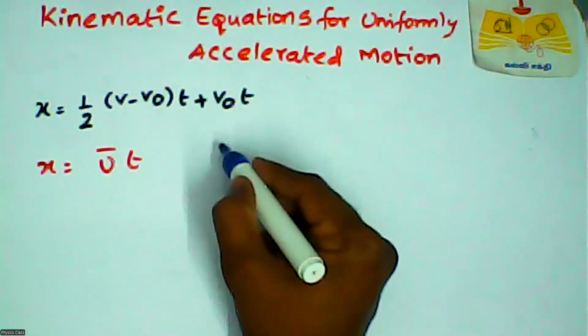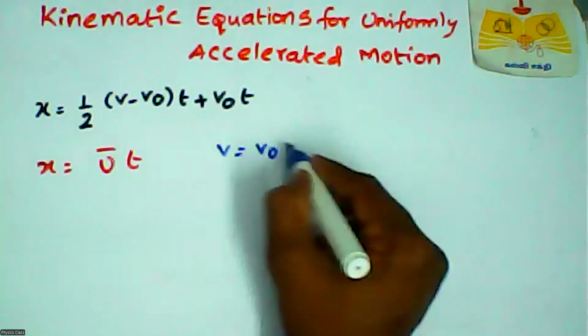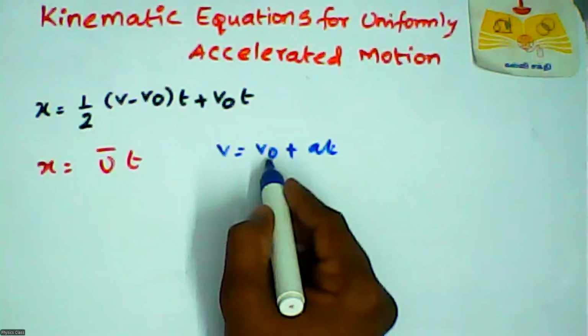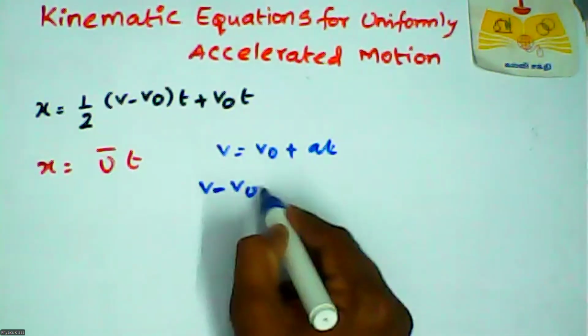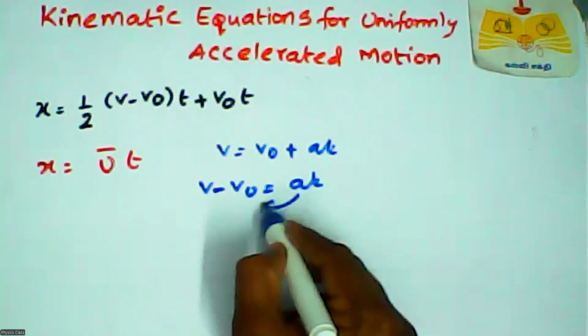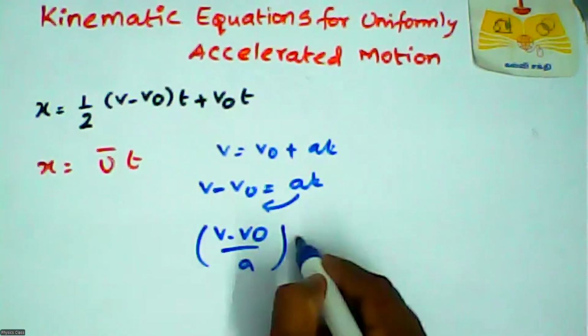Already from the first kinematic equation, v is equal to v naught plus at, you can rearrange this equation like this. And then this a goes here. So (v minus v naught) by a gives time.